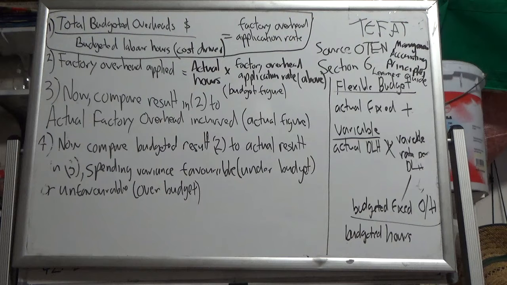Now, to get total variable, you multiply that rate by actual hours. That's your variable cost. You already know your fixed cost. Add them together, fixed plus variable gives you the total. Compare it to the actual figure. If the budgeted figure is more than the actual, that's favourable. Okay, that's how you do spending variance.